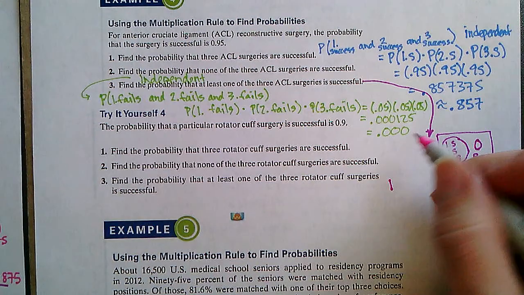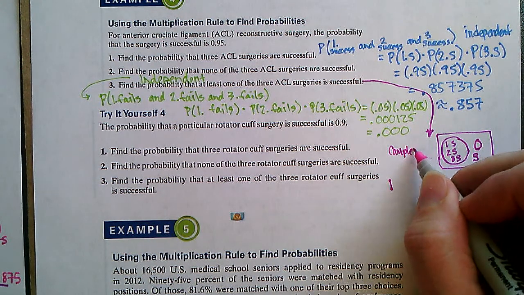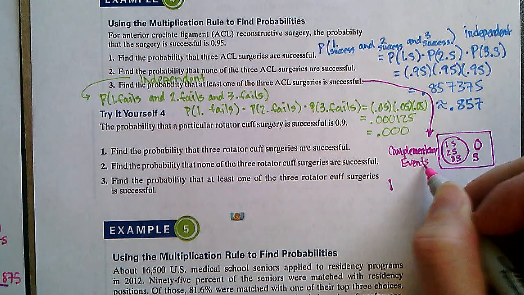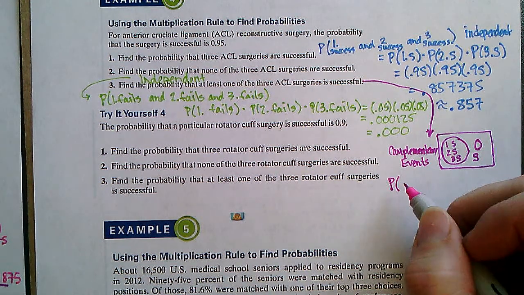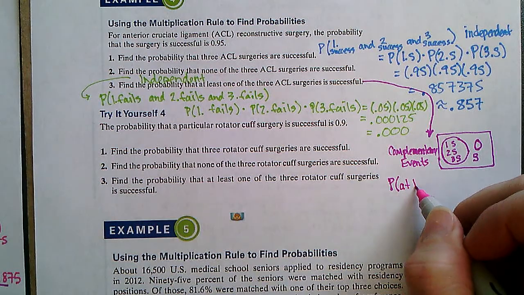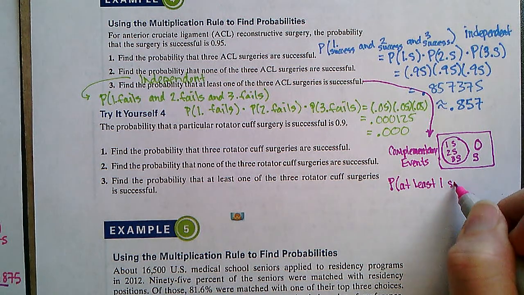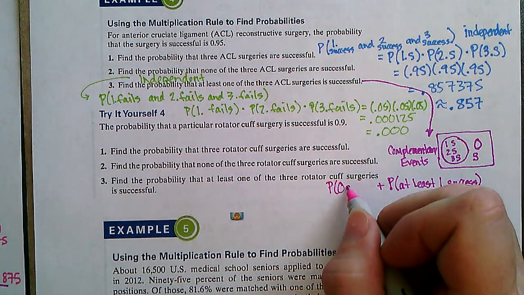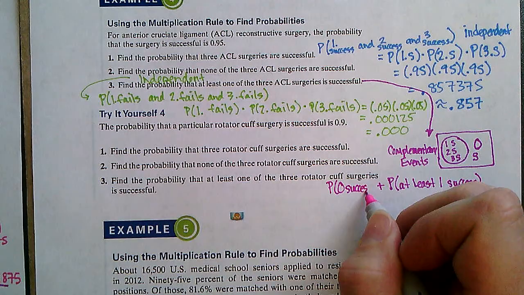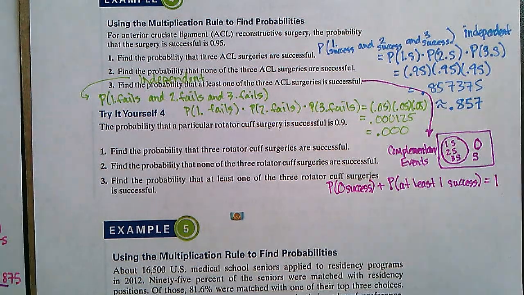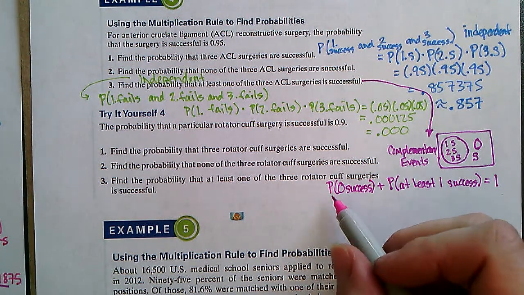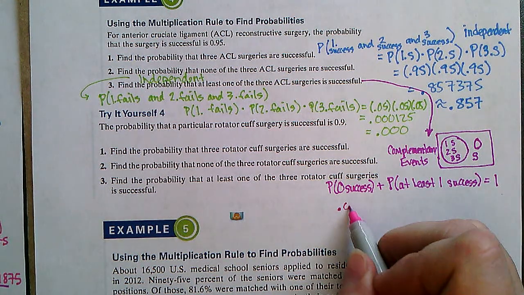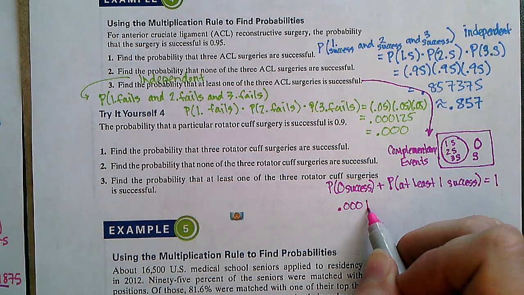So based on complementary events, the probability of having at least one success plus the probability of having 0 successes is going to be equal to 1. Well, the probability of having 0 successes we just figured out was 0.000125.